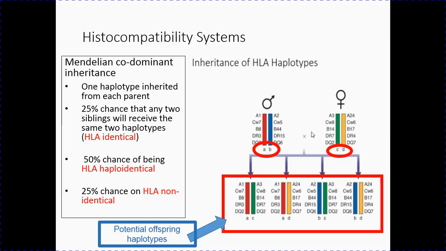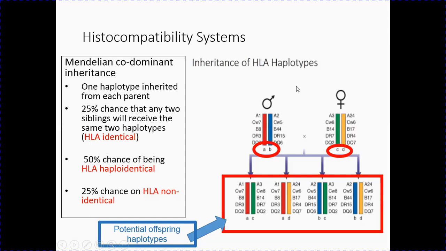So let's look at the inheritance pattern of MHCs. It's pretty straightforward in that one haplotype is inherited from each parent, and if you do the math, the father here has 2, and the mother has 2, so it's the maximum number of combinations that can be made.